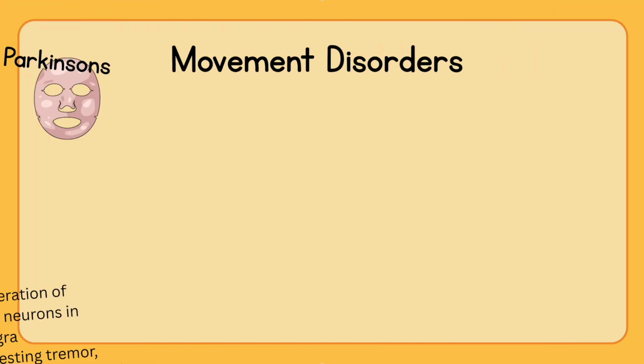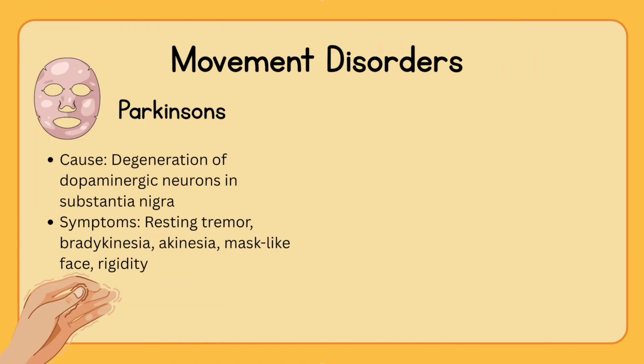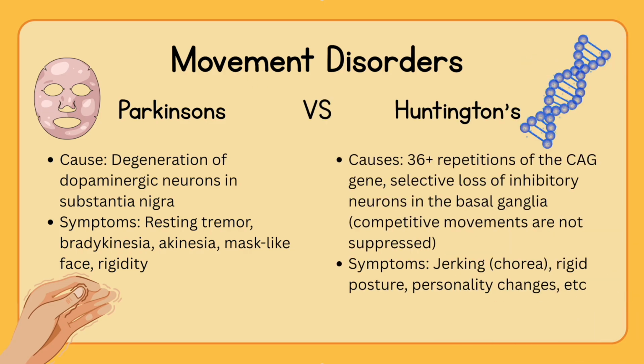And last but not least, let's look at movement disorders. Again, the two primary ones focused on in the chapter are Parkinson's and Huntington's, but there are a lot more that you can explore. So, Parkinson's disease is caused by a degeneration of dopaminergic neurons in the substantia nigra. Let's break that down.